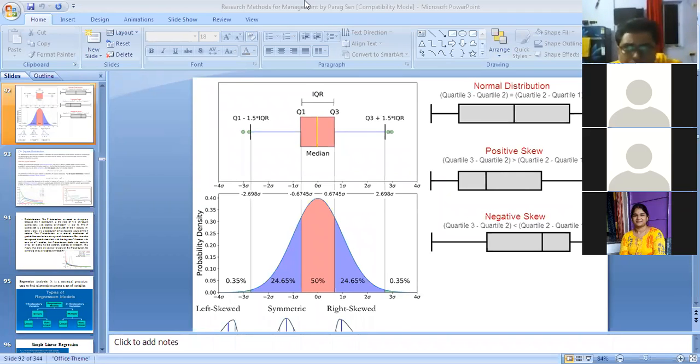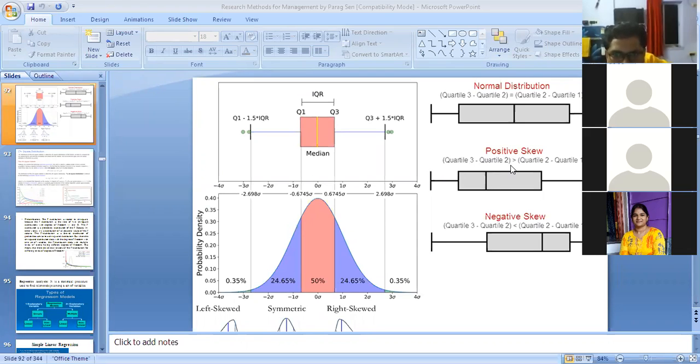So you can see that this is the box plot of a normal distribution, and this is the box plot for positively skewed.